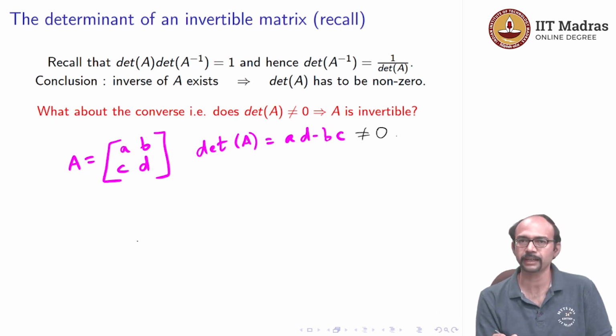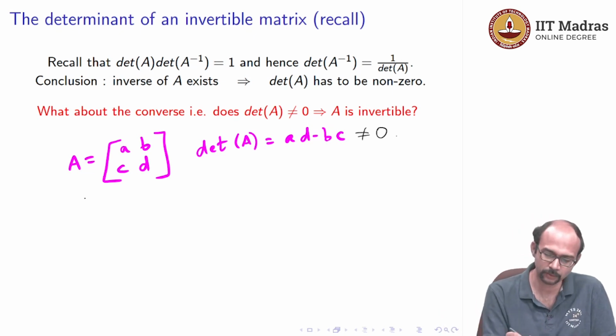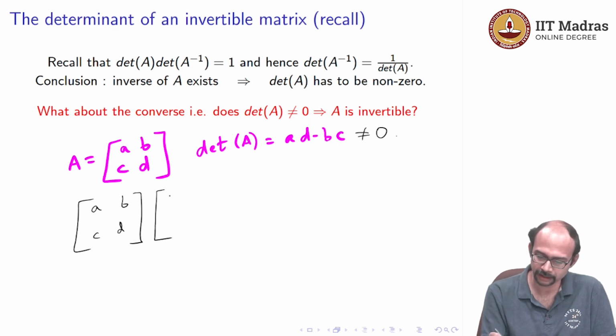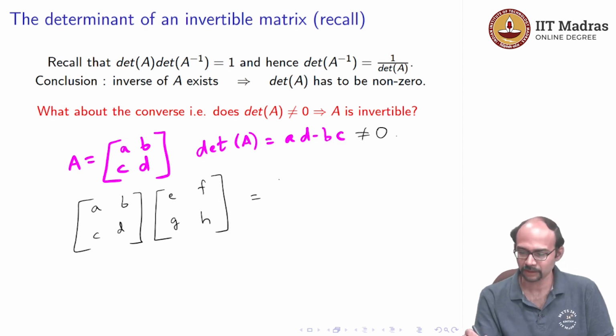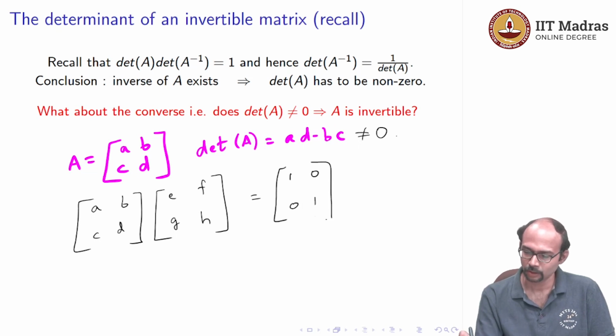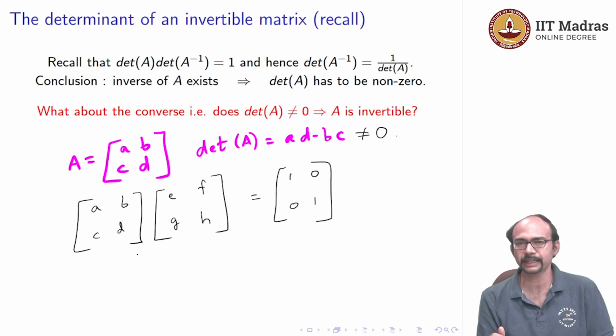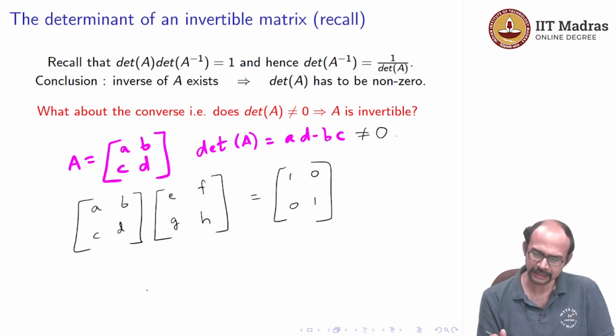Okay. So, now let us try and find an inverse. Okay. What does the inverse satisfy? So, the inverse satisfies that if you take [a, b; c, d] and if I multiply, suppose there is an inverse and it is called [e, f; g, h], then I should get [1, 0; 0, 1]. Okay. So, that means I will get a bunch of equations and I can try to solve them. So, what equations do I get?